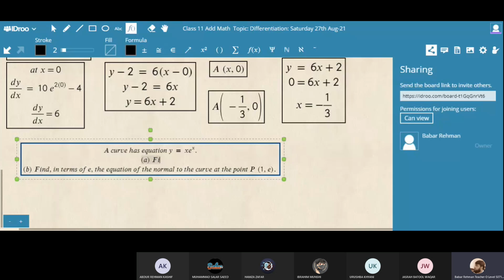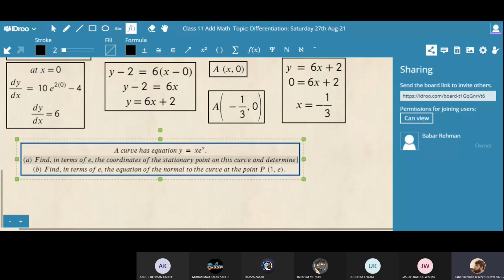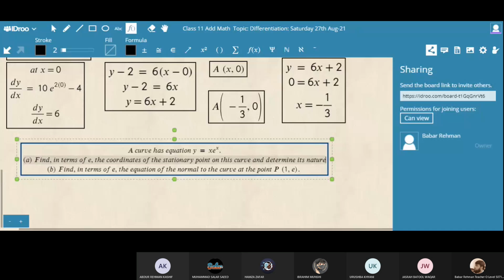Find in terms of e the coordinates of the stationary point on this curve and determine its nature. And that is B part.